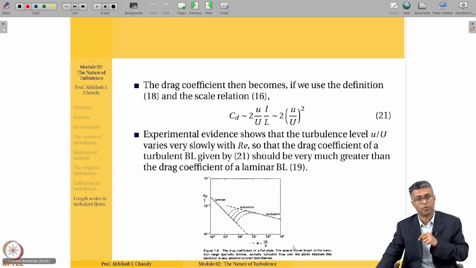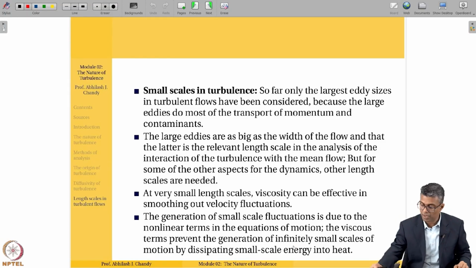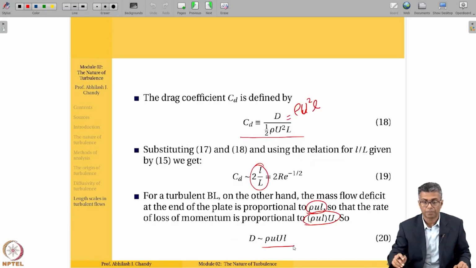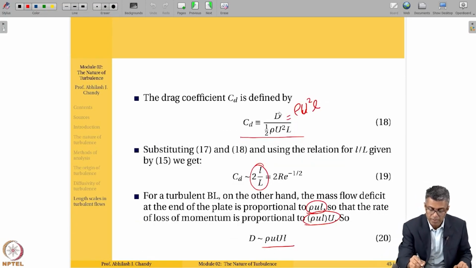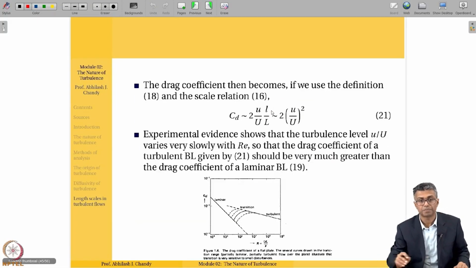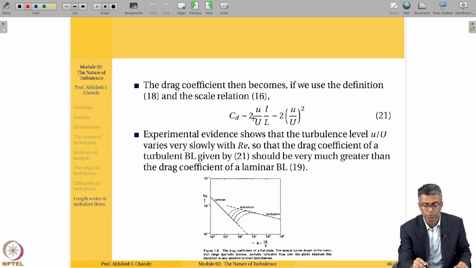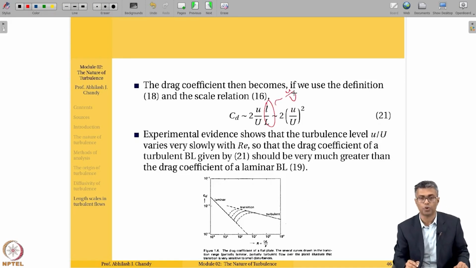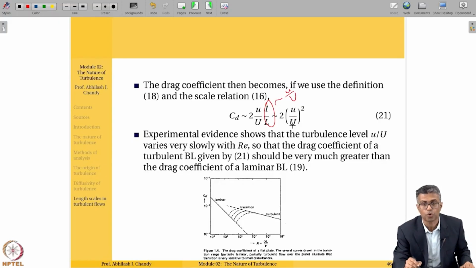Now calculate the drag coefficient, with the same equation, but instead of D, put in rho u l U. And then what do you get? You get 2 u over U, l over L. And you know that l over L is of the same order of magnitude as u over U. So your drag coefficient now is 2 times u over U the whole squared.